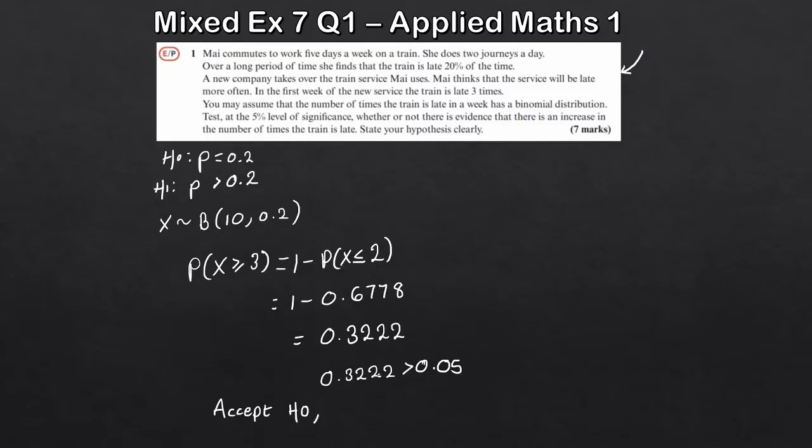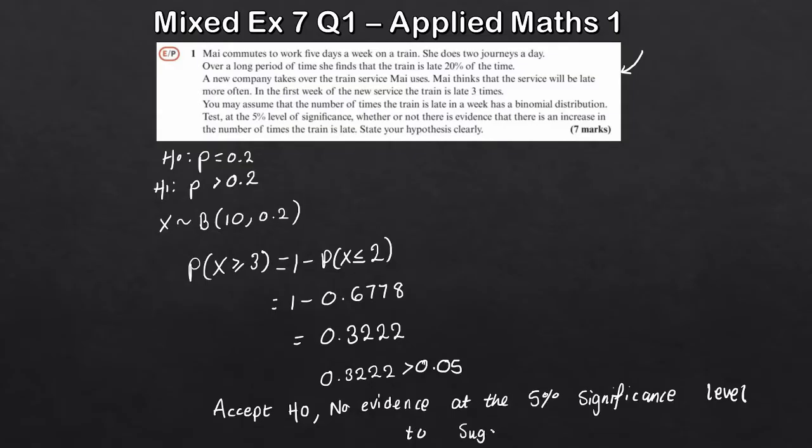And again, just to give you a little bit of a conclusion, we'd say there's no evidence at the 5% significance level to suggest that the trains are late more often. If you struggle to give the conclusion, just use the hypothesis to help you.